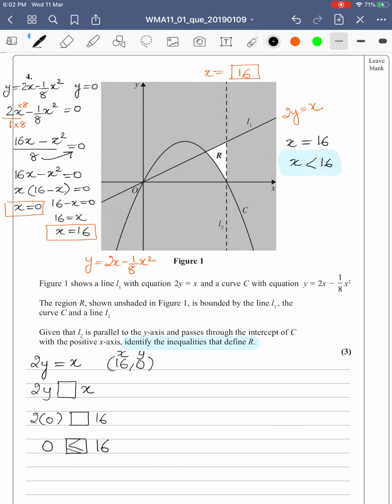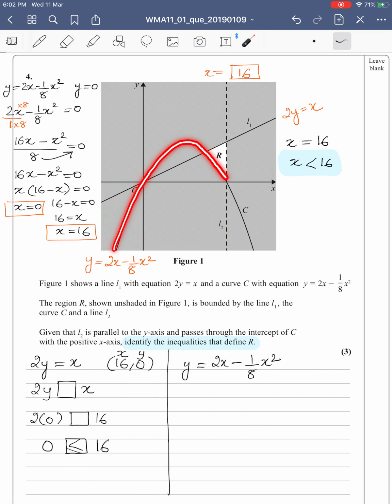Alright, moving on to our third equation, which is y is equal to 2x minus 1 upon 8 x squared. Now this is our curve. Our curve is dividing the plane into two parts.